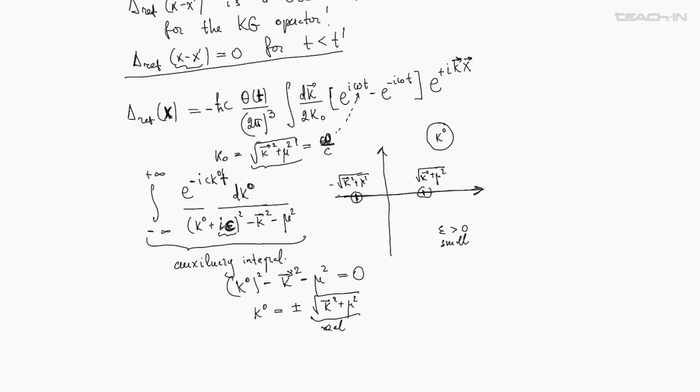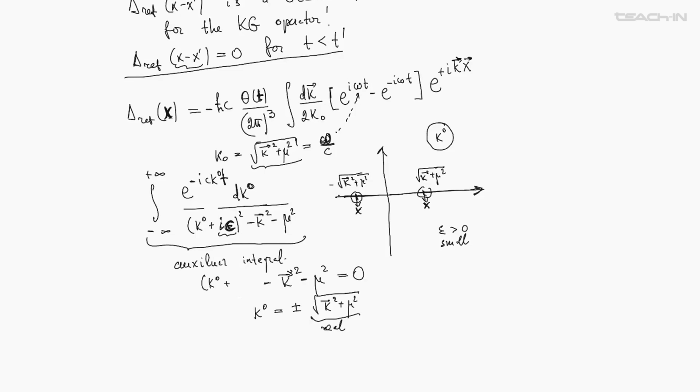You can see that now the poles are shifted from the real line a little bit down. Why is it down? That's because now you have to solve a different equation: k0 plus i epsilon squared minus k squared minus mu squared is equal to 0.